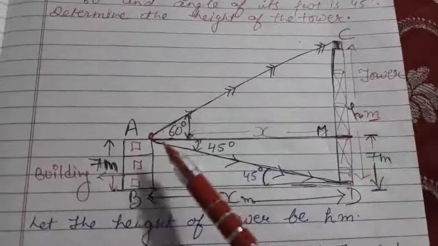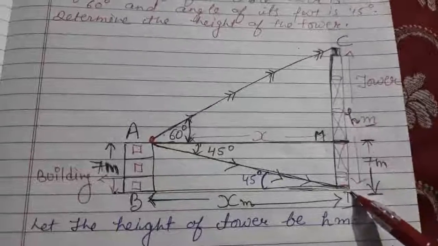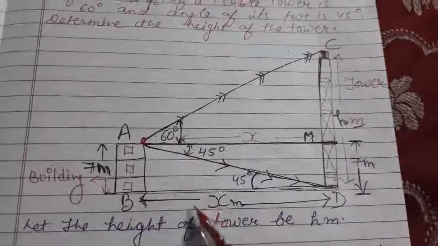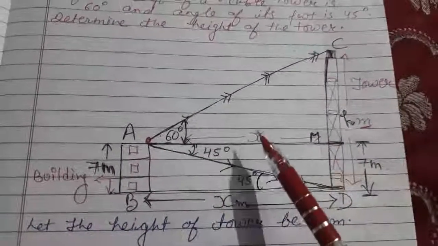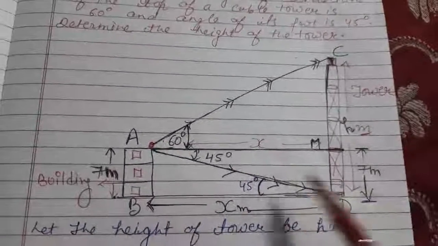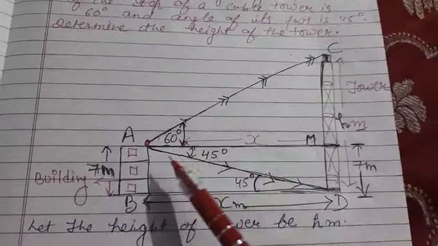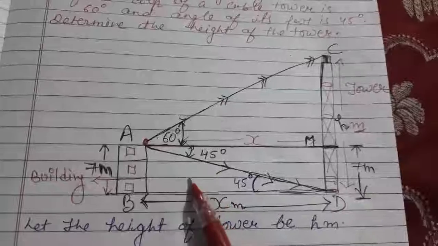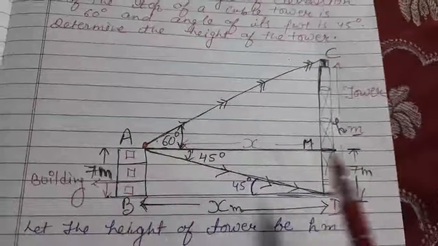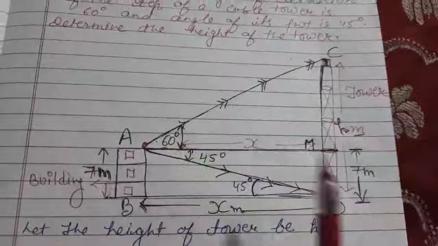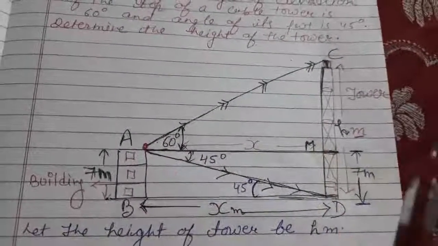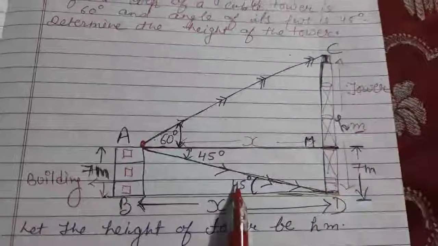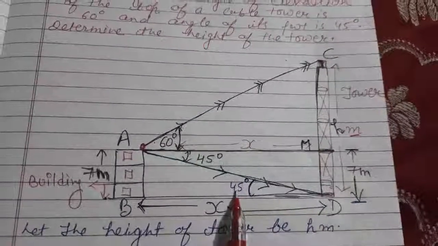Now AB and MD are parallel to each other and they will be equal. Here AM is x, so BD will be x, as they are parallel and at the same distance. AM is parallel to BD, so angle MAD will be equal to angle ADB by the alternate angle property. So this angle is 45 degree.